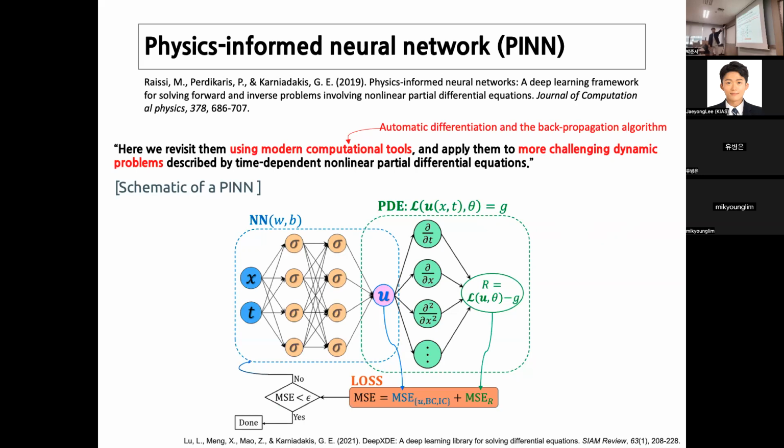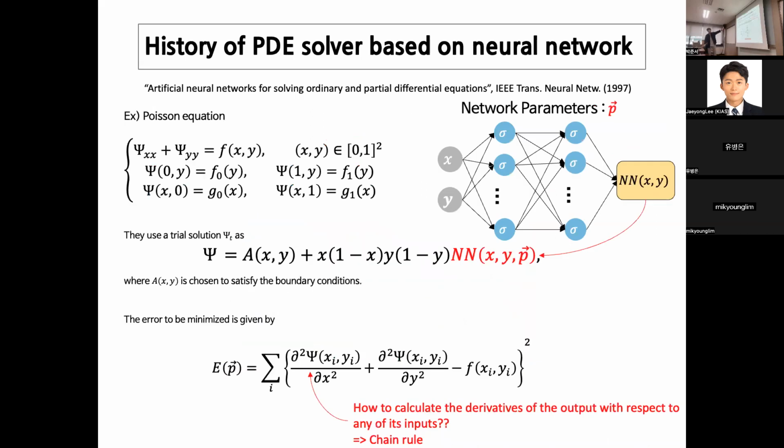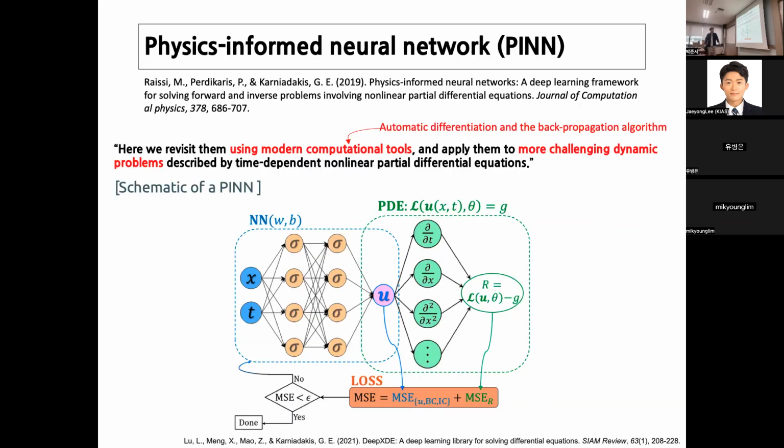So these algorithms can be used with PyTorch or TensorFlow in recent days. So they just use GPU resources to calculate these derivative terms very fast. So it's the big difference between this history and this PINN. So they use that GPU resources and computational tools to solve these PDEs.